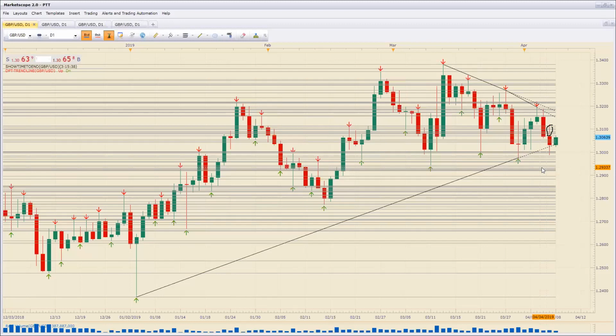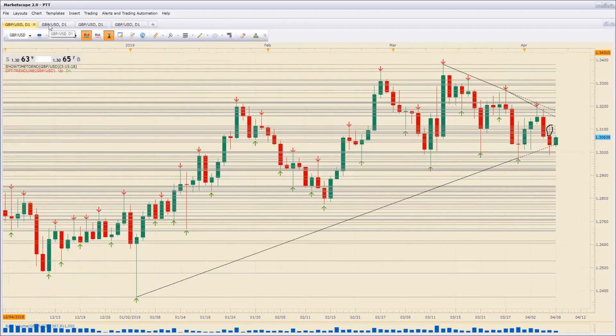Right? And now if you want to utilize indicators, what is the oscillator dictating? Perhaps it's on the 50th percentile.